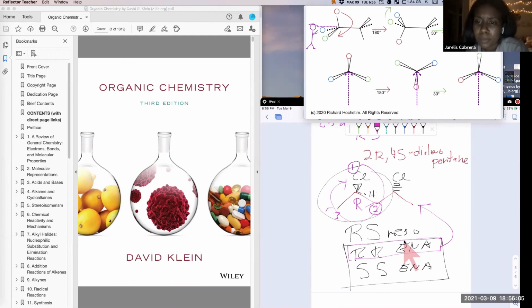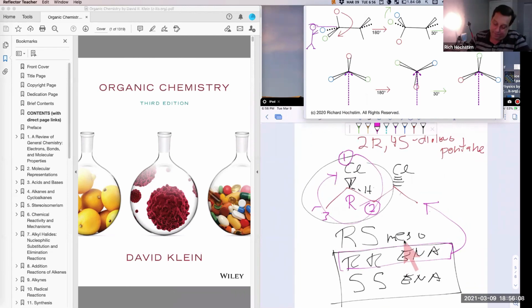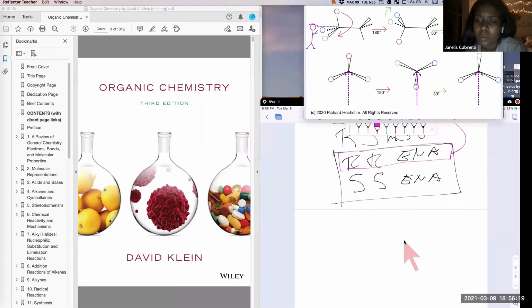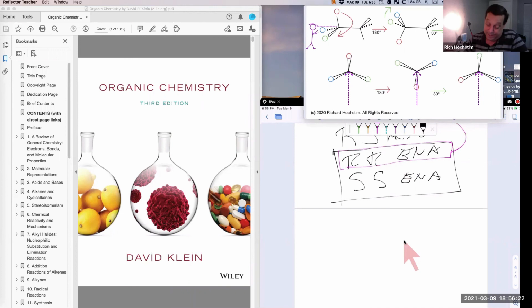So basically, as far as Fischer projections, we've done everything you need to know. As far as line drawings, I think we're pretty close to that. If they give you something ugly like this, let's do this one here. And then we'll put a chlorine here, and a chlorine over here.